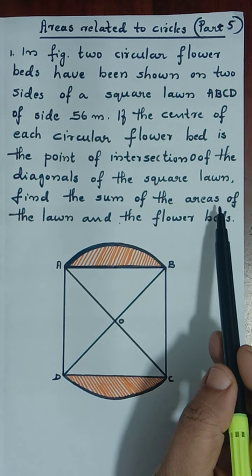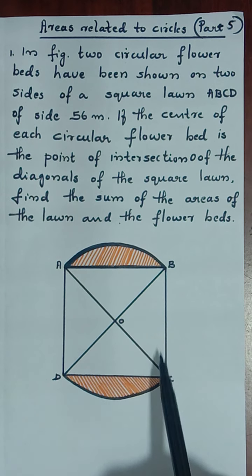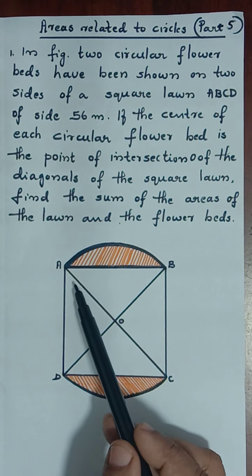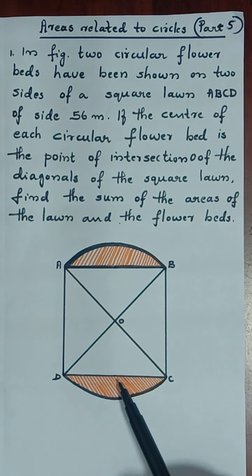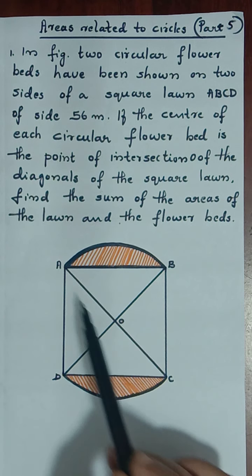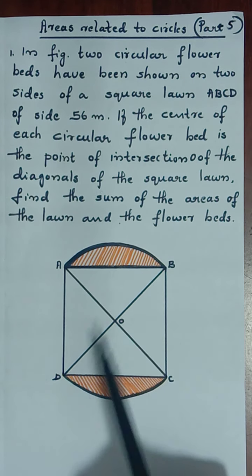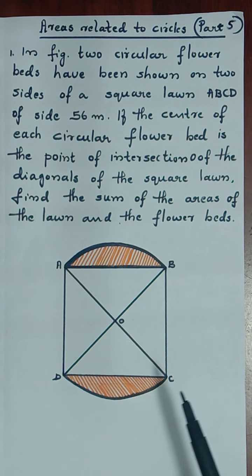Find the sum of the areas of the lawn and the flower beds. The lawn is the ABCD portion. It's a square. Square area we can find by using side into side, a squared, is the formula for the area of a square. And the area of the flower beds, they are two segments. How do we get the segment? Already we have learned.